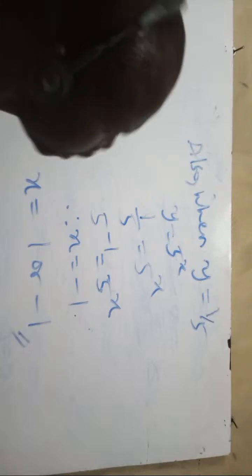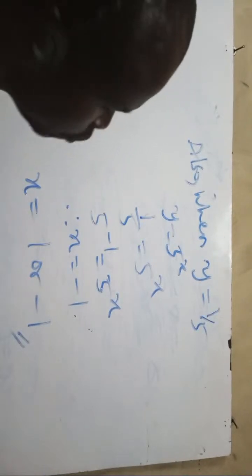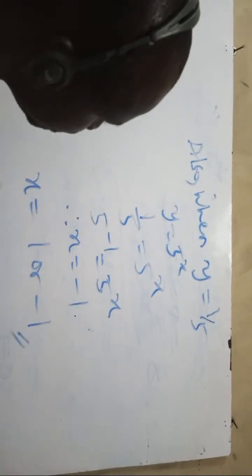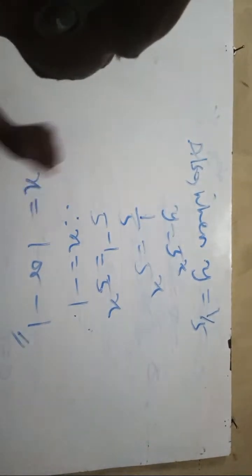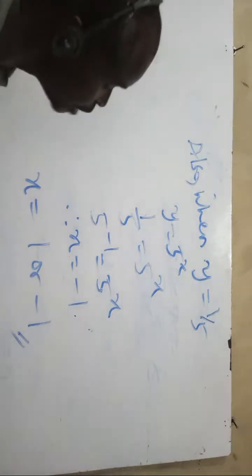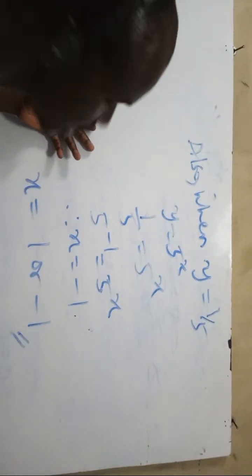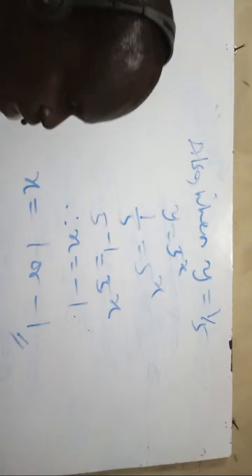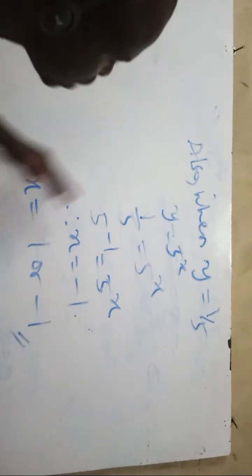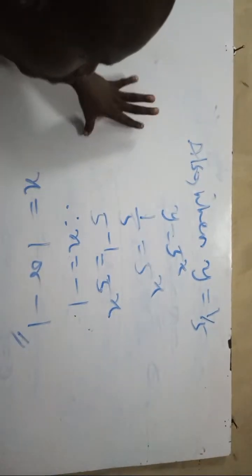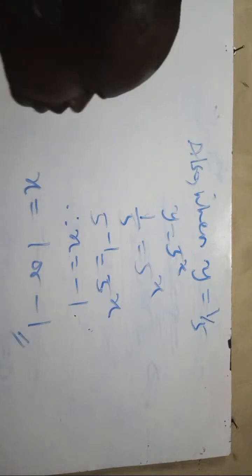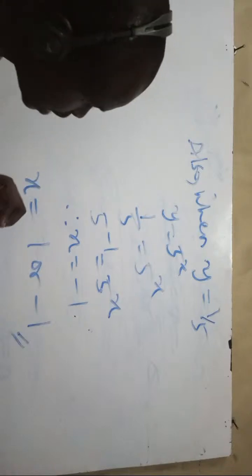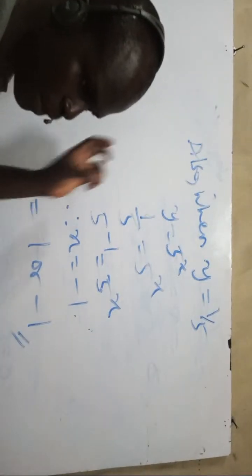So far, I've been able to recap the first class that we did under indices, the laws of indices, and I gave examples. Thereafter, I introduced simple exponential equations, and I said in some textbooks you can see them as indicial equations. We have been able to solve about 3 examples under simple exponential equations using the let and recall process, because you cannot solve simple exponential equations directly because of the power.